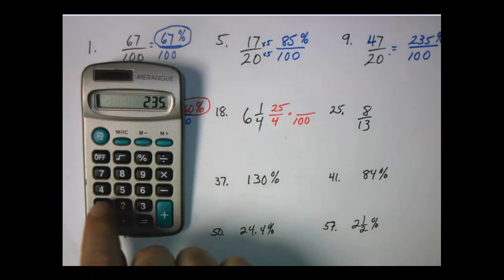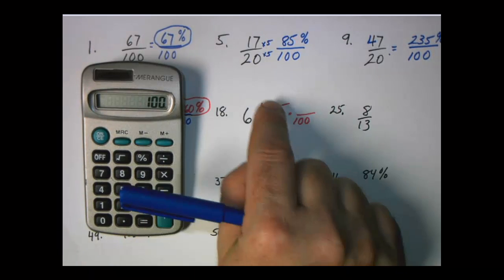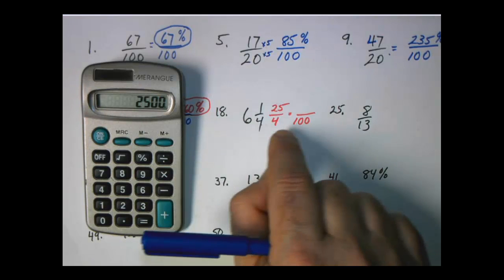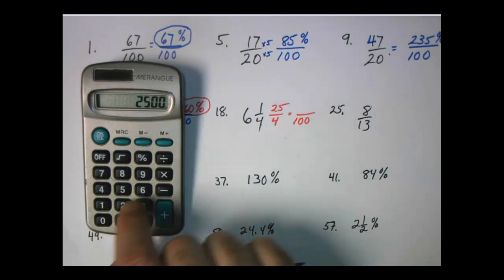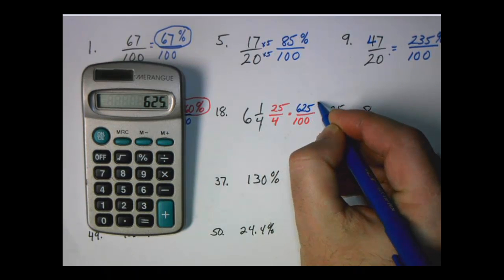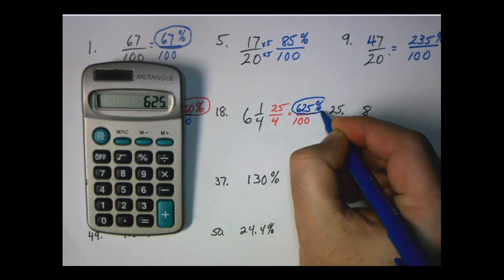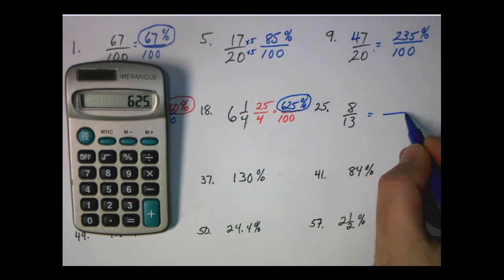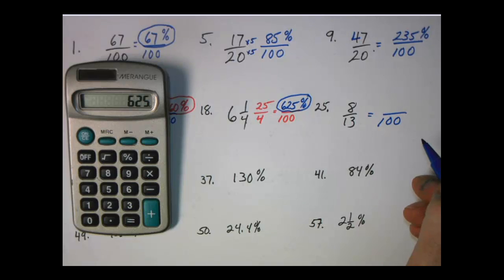So we have 100 times 25 equals 2,500 divided by 4 equals 625. And once it's over 100, it's a percent. Okay? So not everything is going to go in nice and easy.